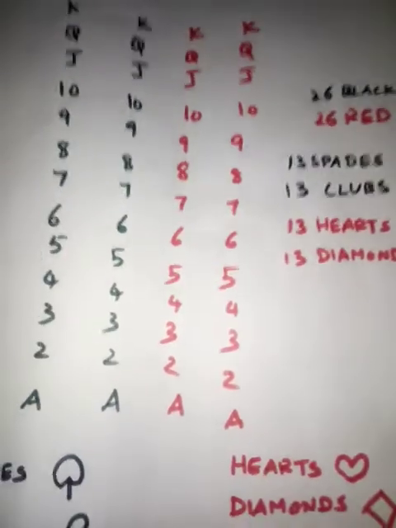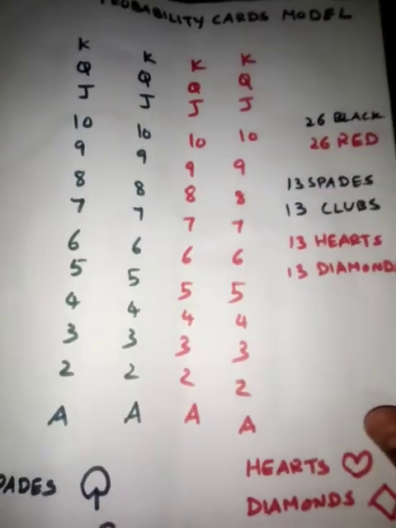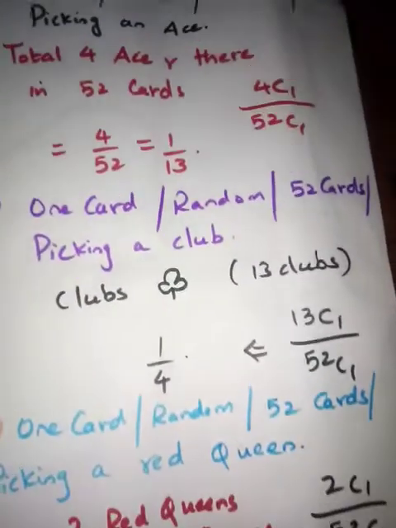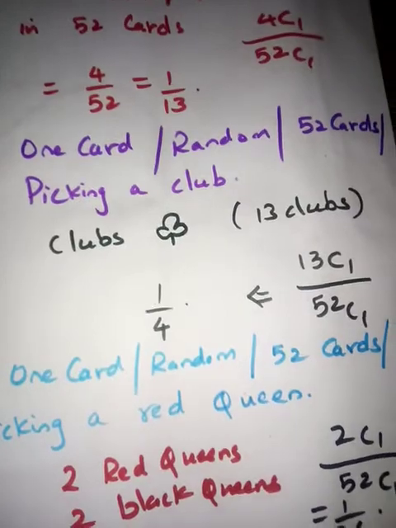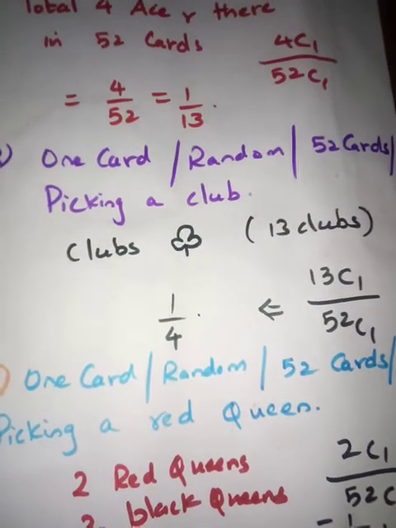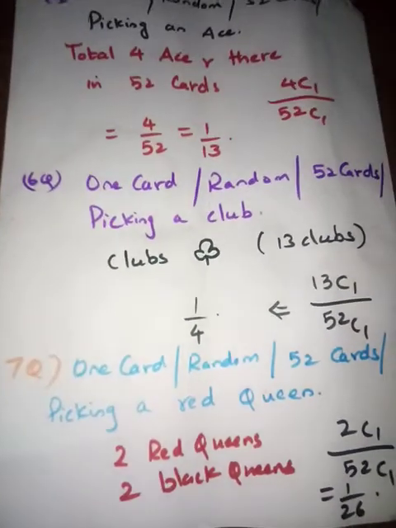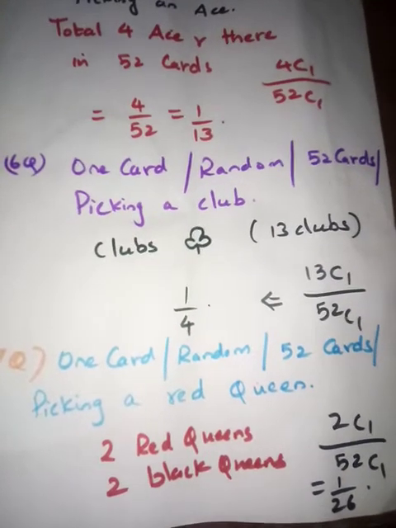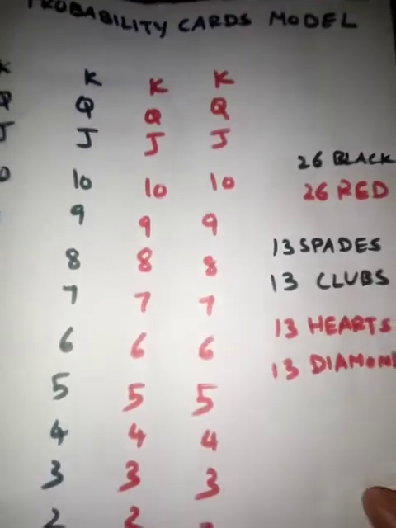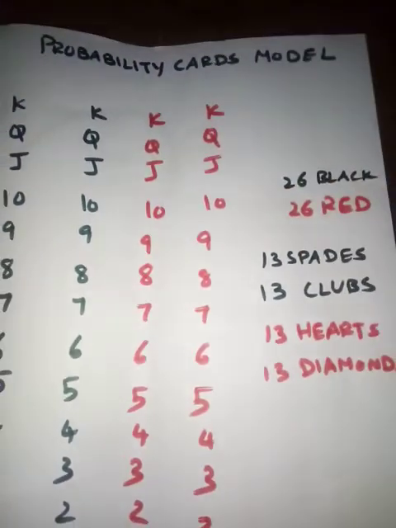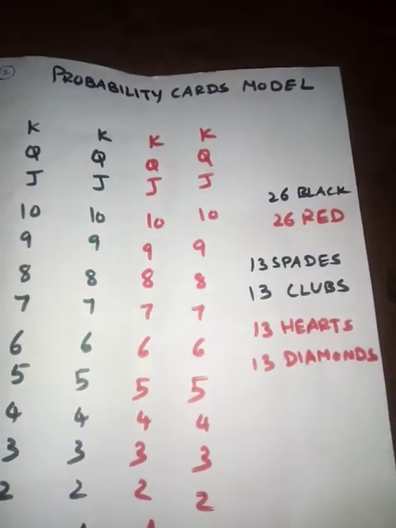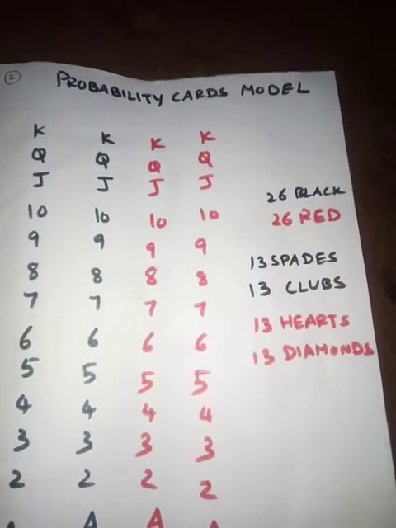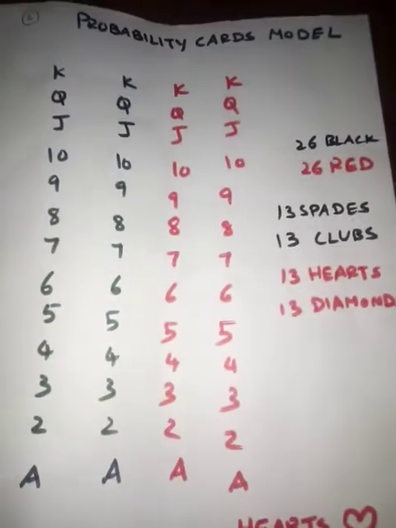The question says, one card is drawn at random from 52 cards. What is the probability of picking a red queen? Red cards means 26, but we want red color queens. There are only two queens in red color, as you see here. So from these two, we have to pick one, because we cannot select the black color cards.